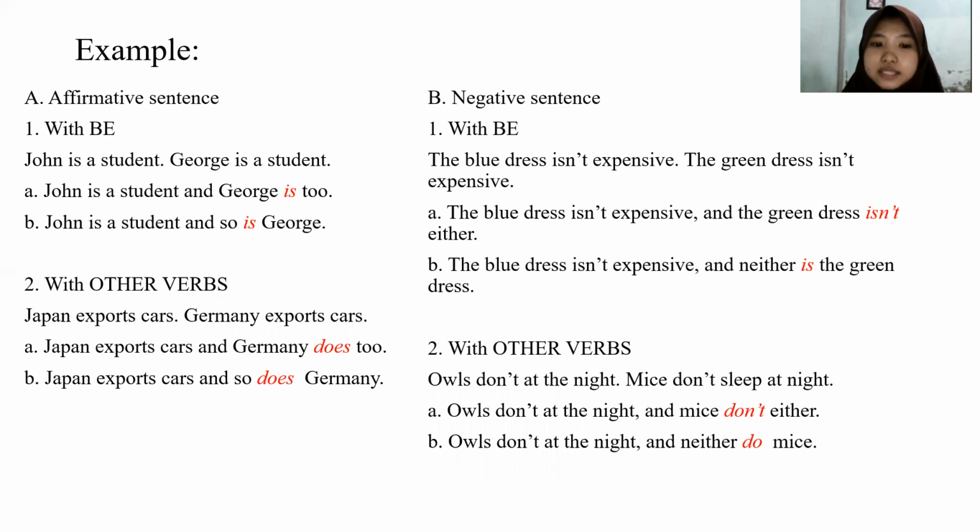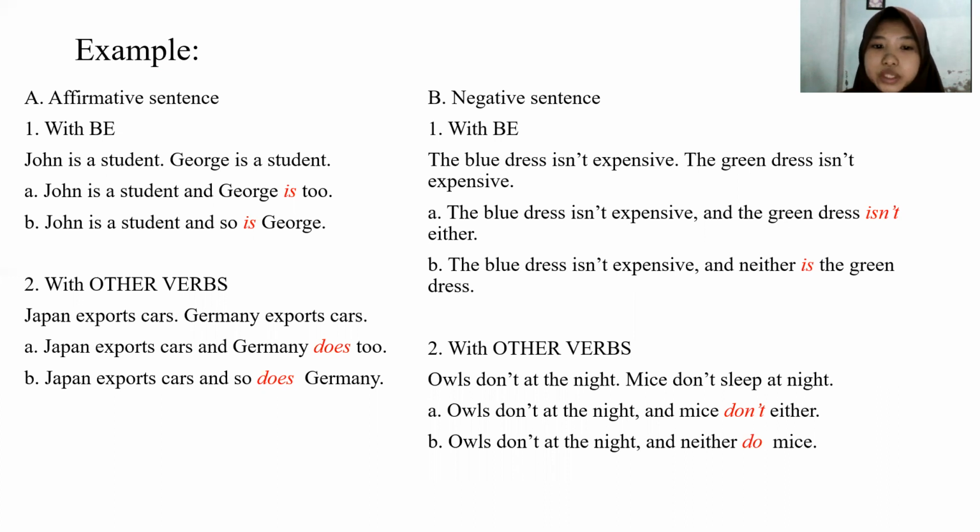Negative sentence. In a negative sentence with to be, for example: the blue dress isn't expensive, the green dress isn't expensive. A, the blue dress isn't expensive and the green dress isn't either. B, the blue dress isn't expensive and neither is the green dress.